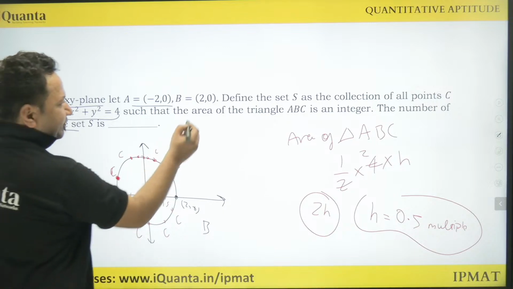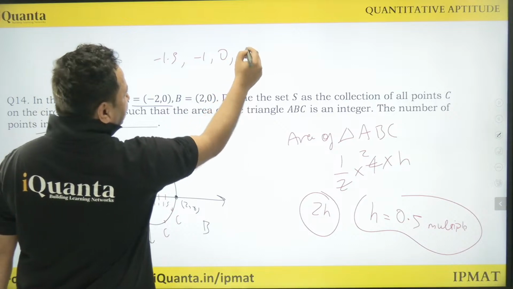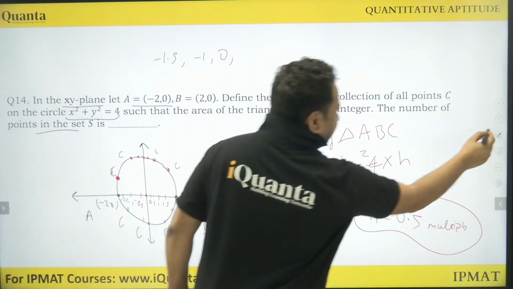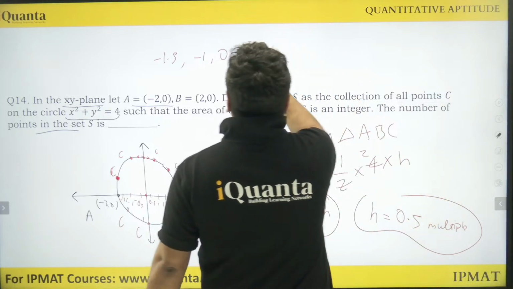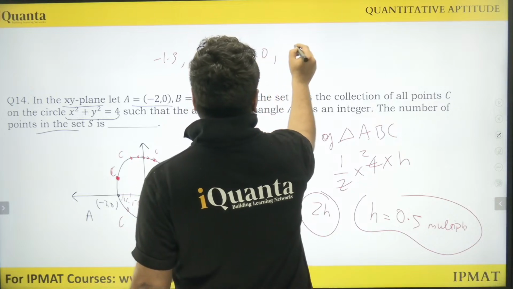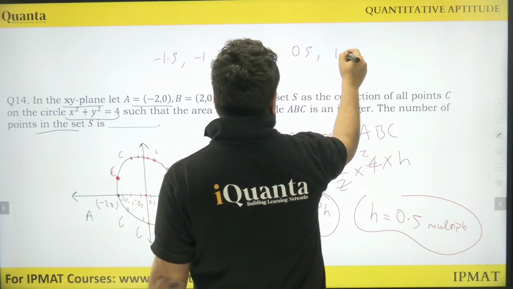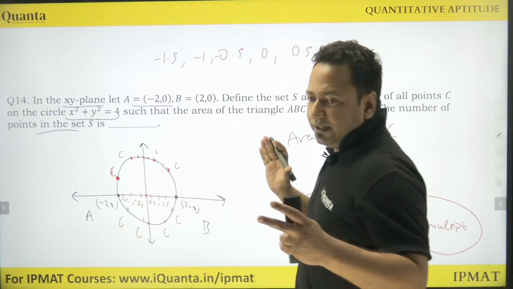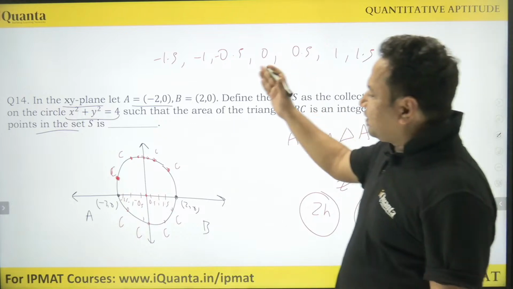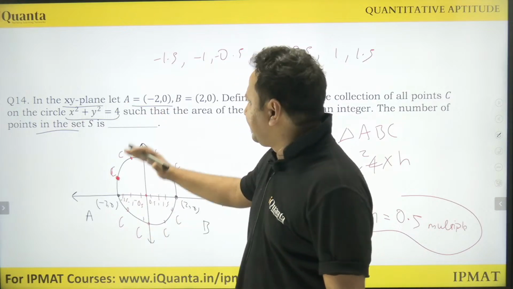So -1.5, -1, -0.5, 0, 0.5, 1 and 1.5. These are the coordinates of the point C. And for every coordinate we have two possibilities, one in the upwards direction, one in the downward direction.